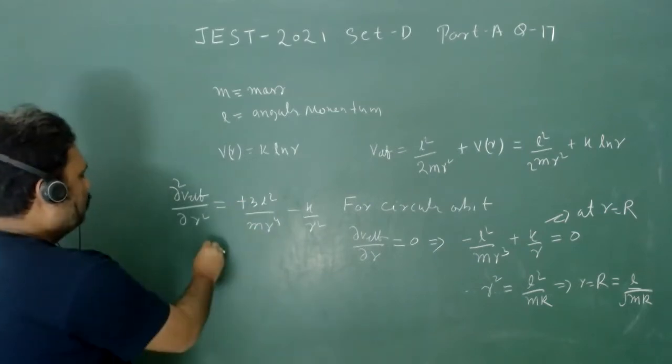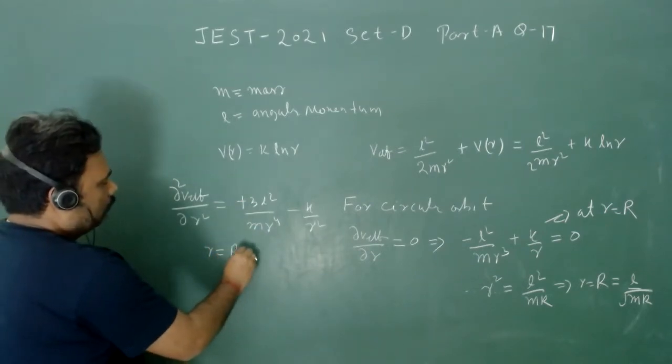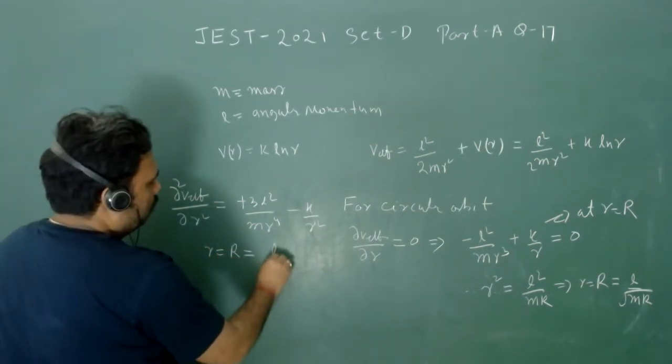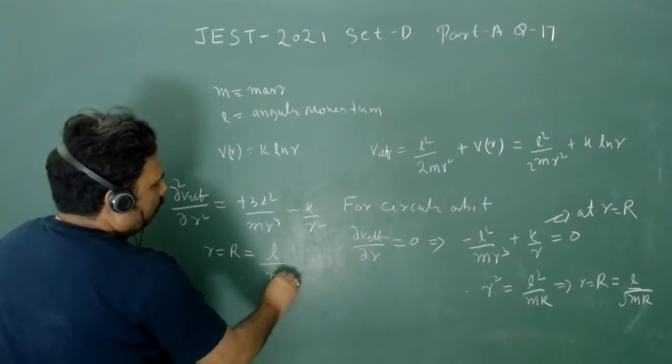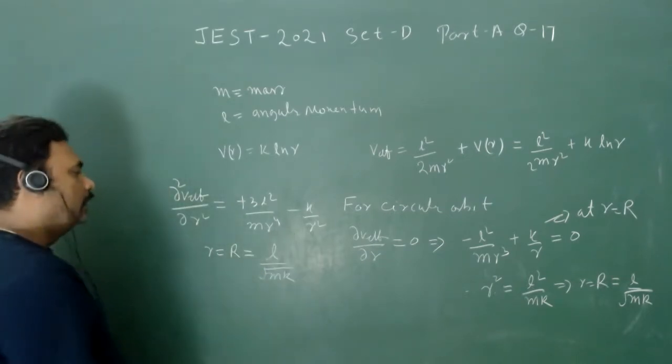We check at r equal to capital R, which is L upon root mk.